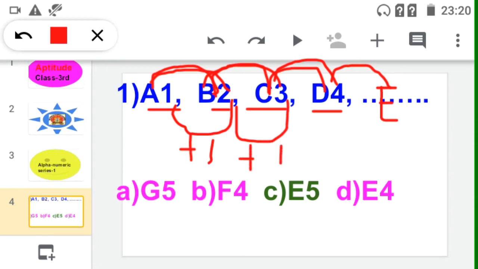Again you are adding 1 to 2, then you will get 3. Then 3 after 4 is there. Then 4 after which number will be there? 4 after 5 should be there.